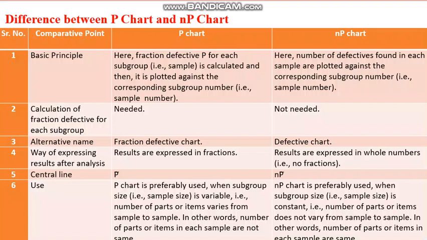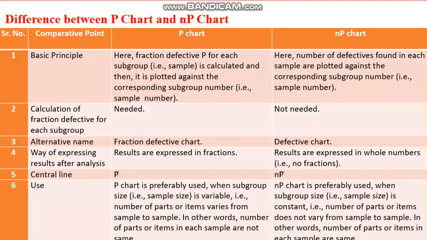The second one, calculation of fraction defective for each subgroup. In P chart, this step is necessary, whereas in NP chart it is not needed.